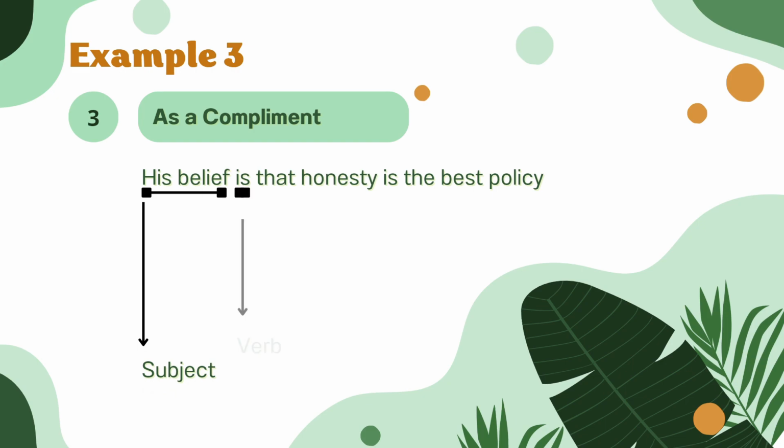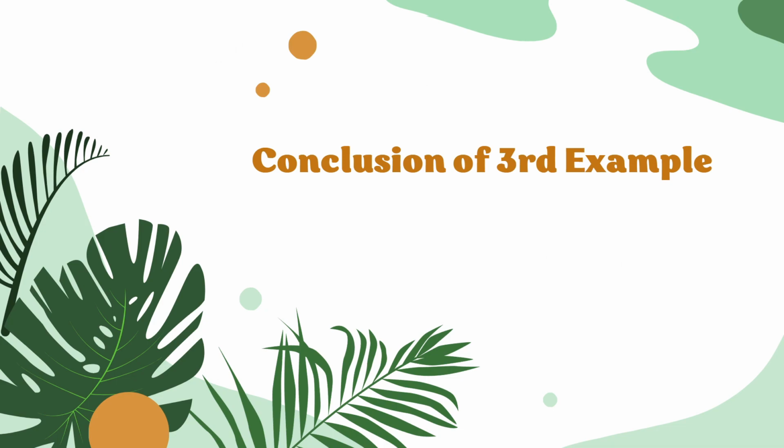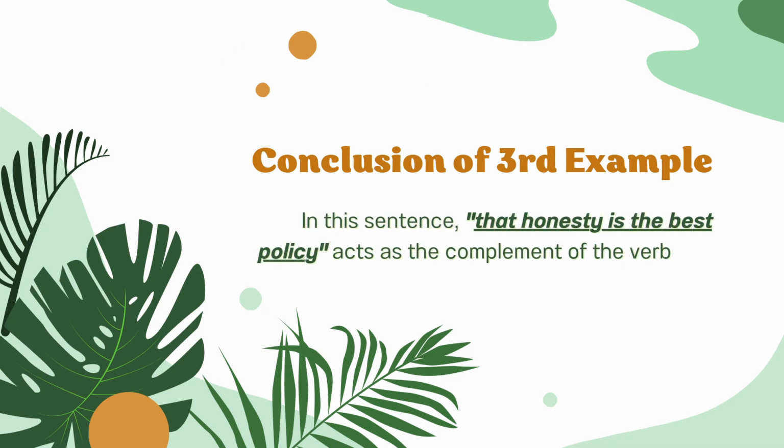"Is" has a function as verb. And then "that honesty is the best policy" is the noun clause as complement. The conclusion of the third example: in this sentence, "that honesty is the best policy" acts as the complement of the verb "is," serving as a subject complement.